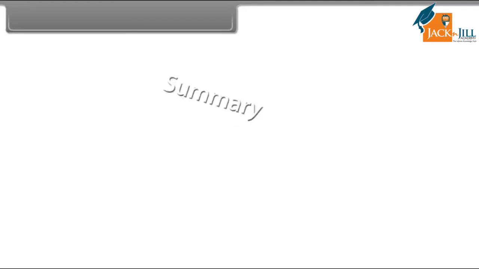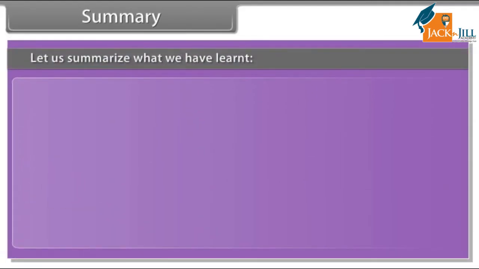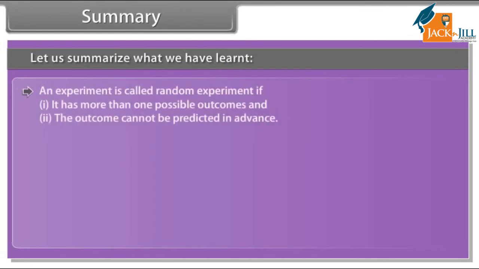Summary. Let us summarize what we have learned. An experiment is called a random experiment if 1. it has more than one possible outcome, and 2. the outcome cannot be predicted in advance.